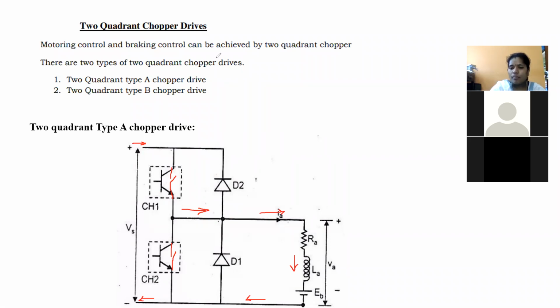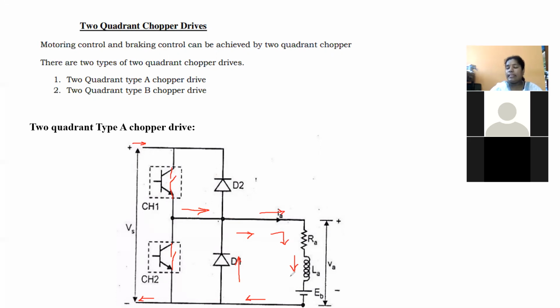So just listen, whenever the inductance is delivering the energy, can you guess what is the path of the current when the inductance is releasing the stored energy? Just think it once and tell me. That means inductance, diode, RA and back to LA.